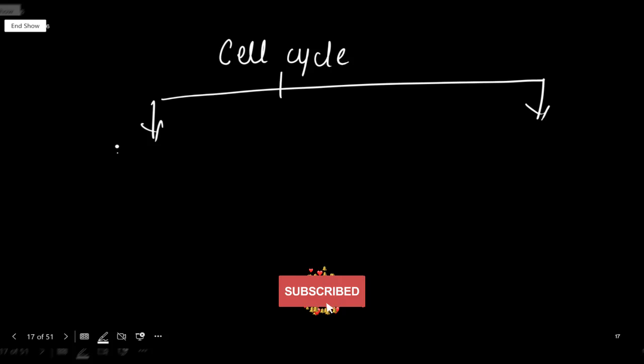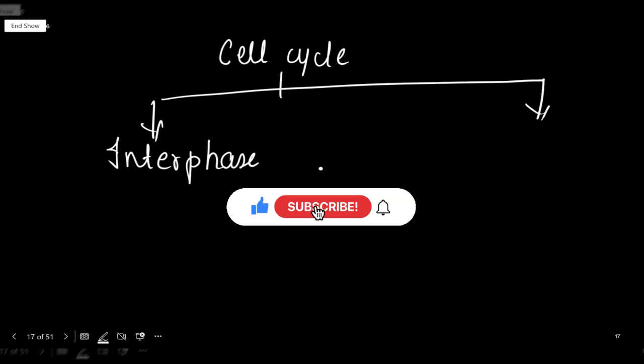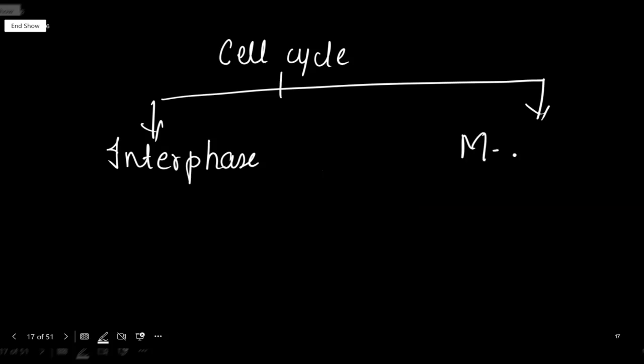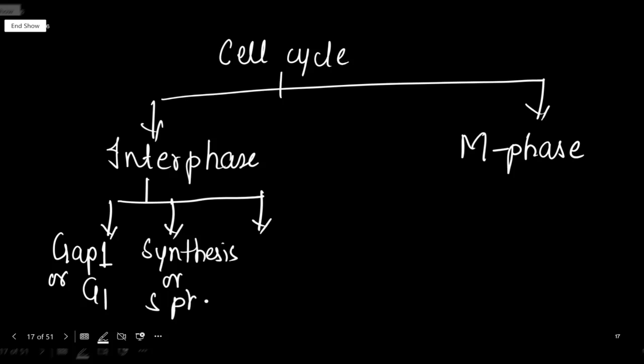The first phase is interphase or resting phase, and the second is called M phase, where actual cell division takes place. The interphase is divided into the gap 1 or G1 phase, the synthesis or S phase, and the gap 2 or G2 phase.